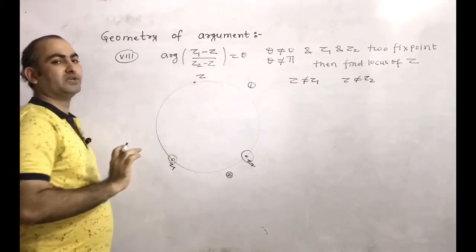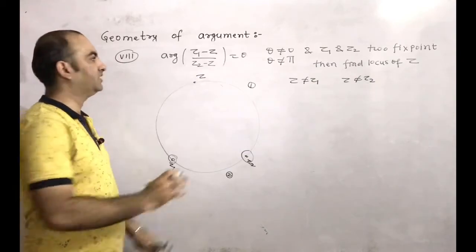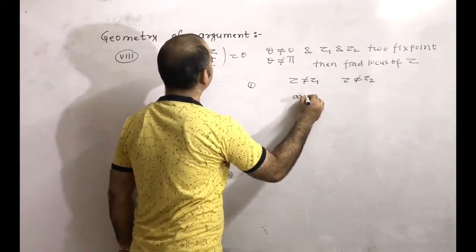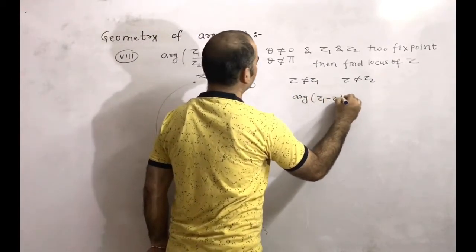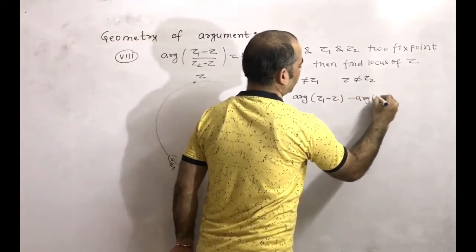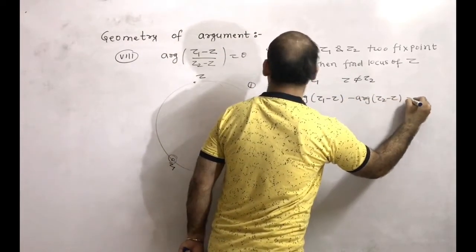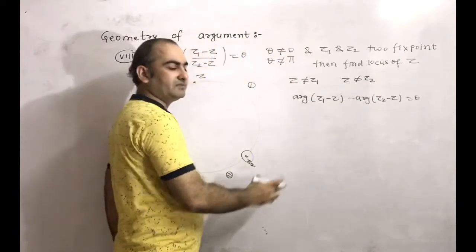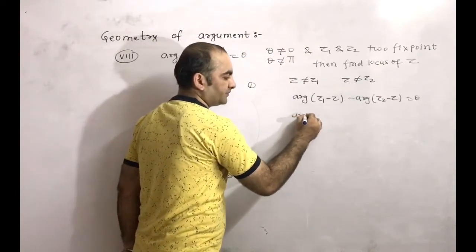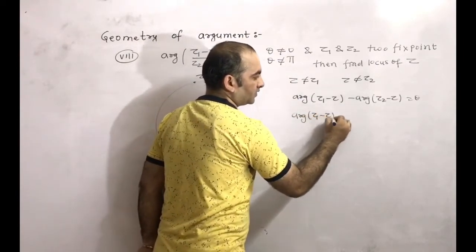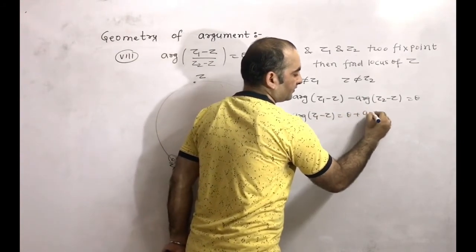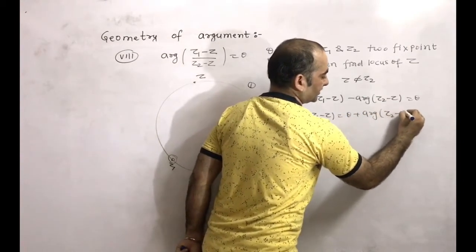Here we are using a property. So this one we can write as argument of (z1 minus z) minus argument of (z2 minus z) equal to theta. So argument of (z1 minus z) equal to theta plus argument of (z2 minus z).